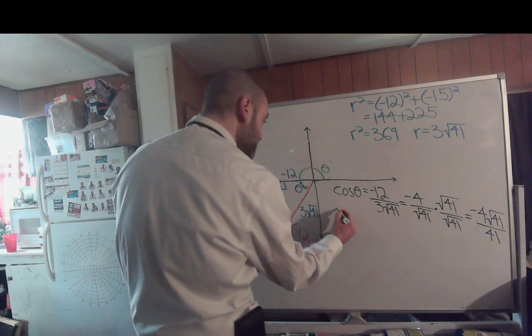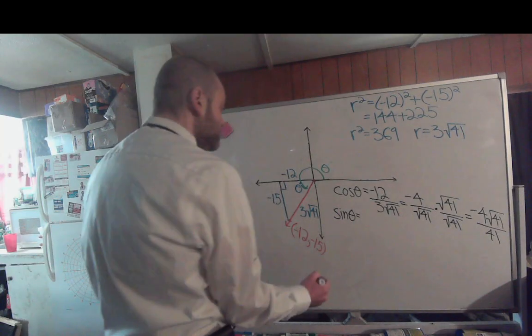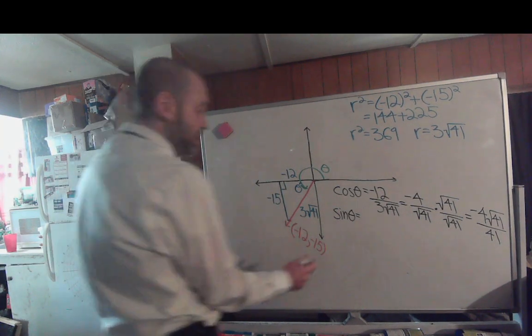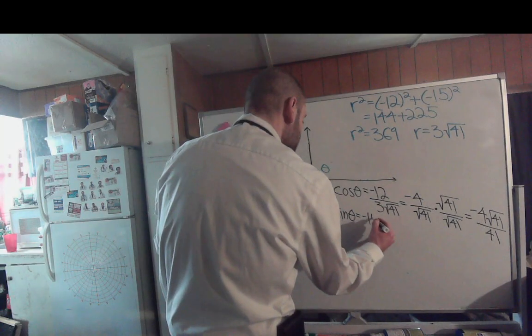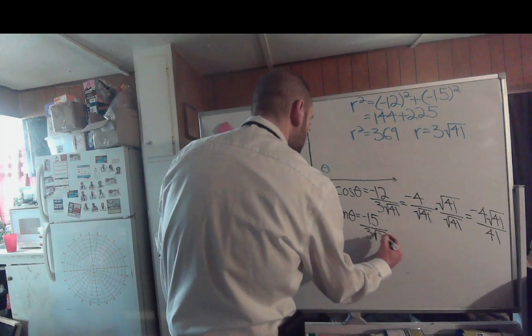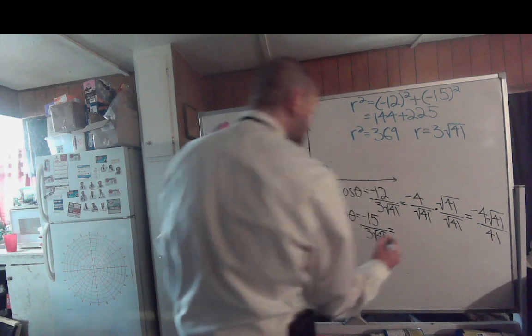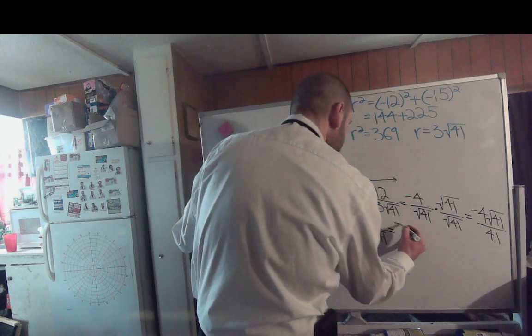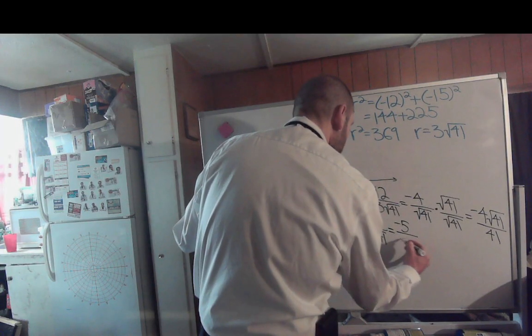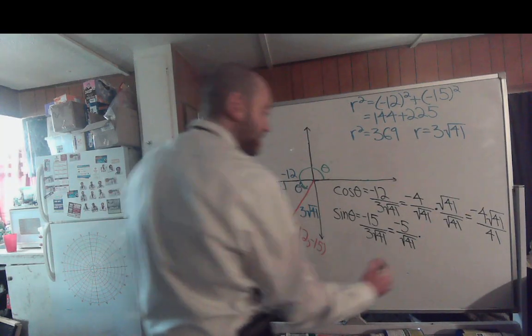Now how about the sine of theta? So that's opposite over hypotenuse, so that would be negative 15 all over 3 times the square root of 41, which would simply end up being negative 5 all over the square root of 41. But let's rationalize the denominator.